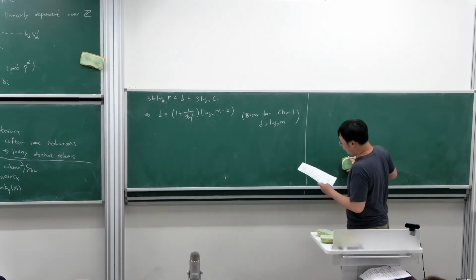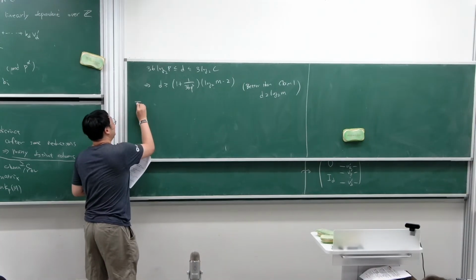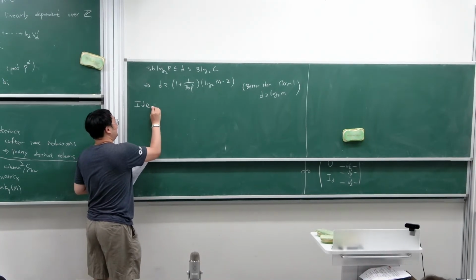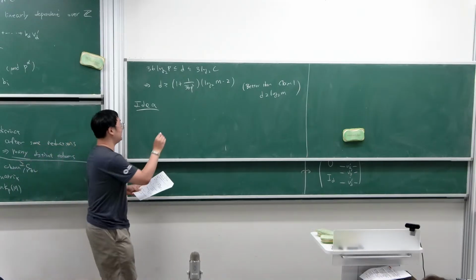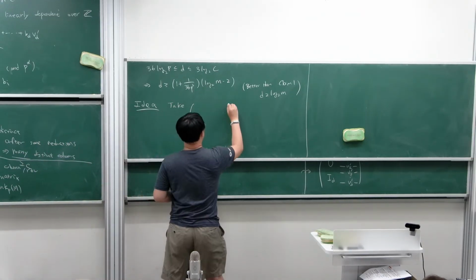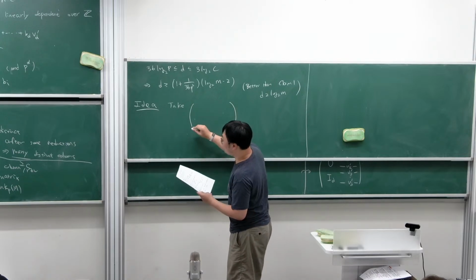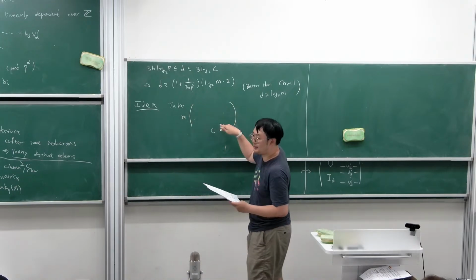Okay, so the idea is basically you should first play with the matrix a little bit and then do Fourier analysis. So I'm going to take part of the matrix. Remember we have m columns and m rows and c columns.